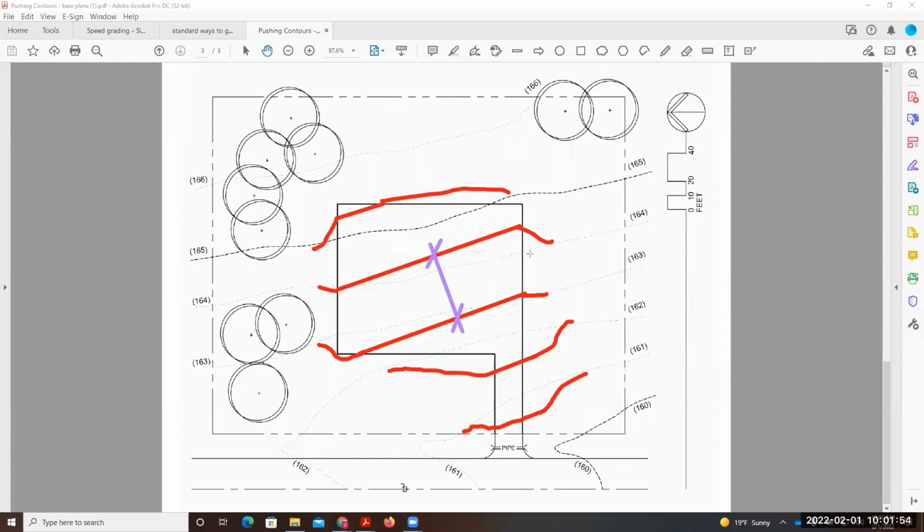We're going to try to line it up as best as we can with the naturally existing contours on the site. I will tell you that this example is extraordinarily easy. Your big site plan will be a little more challenging.